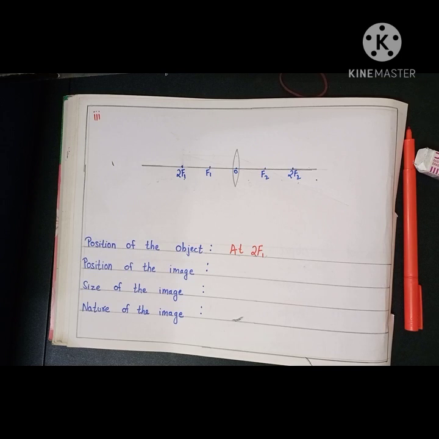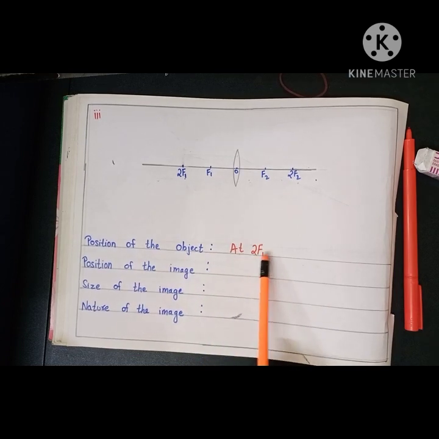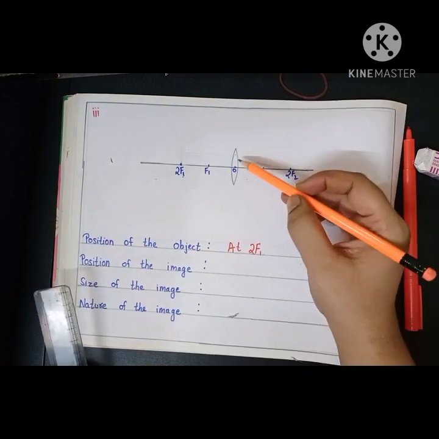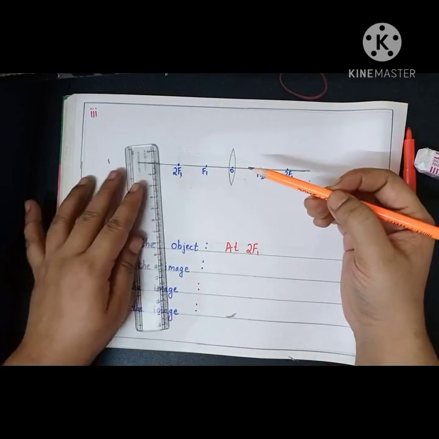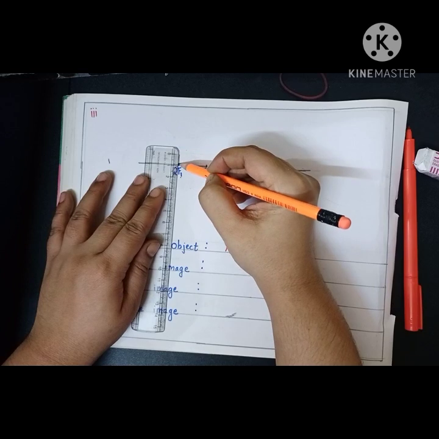Now let us draw the third example, that is position of the object at 2f1. As I have taken small lens, so I will take the height of the object of 1 centimeter.